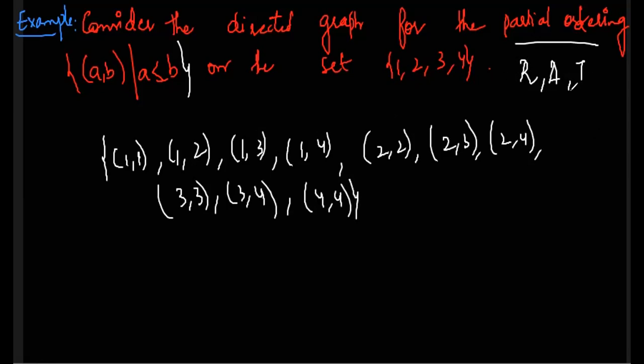You can verify it. Now for this relation, we are supposed to draw the directed graph. To draw the directed graph, first and foremost, we have to take the 4 vertices. Since our directed graph is to be in the upward direction, I am taking the vertices in this way.